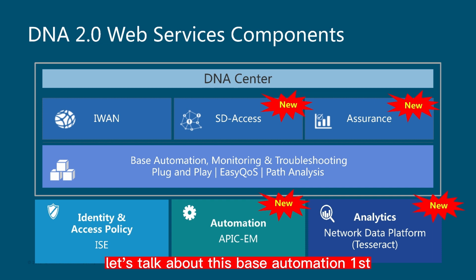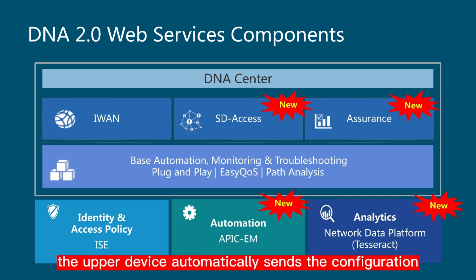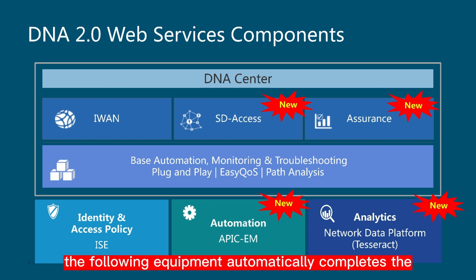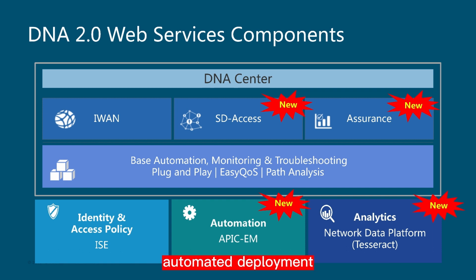Let's talk about this base automation first. It means the upper device automatically sends the configuration. The following equipment automatically completes the automated deployment. It's called automation. Then plug and play. Automation goes online. For example, there are a lot of smart speakers now.